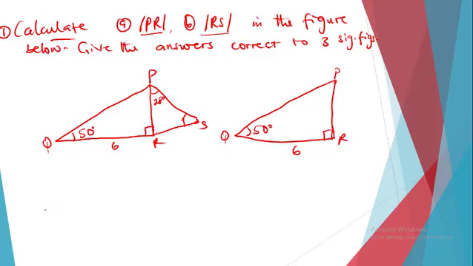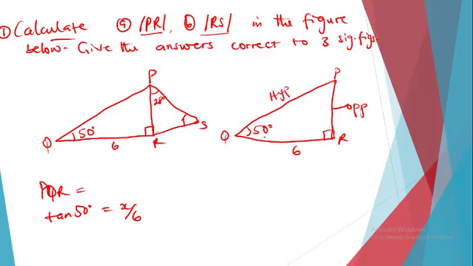Triangle PQR. From triangle PQR, you will agree with me that tan 50 is equal to x over 6. How did I arrive there? The angle is facing the opposite. The line facing angle 90 is our hypotenuse.